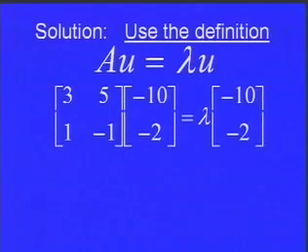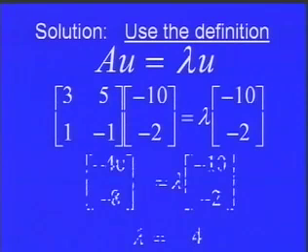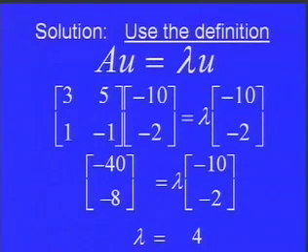On the left-hand side, if we work that out, the first row, 3, 5, times the column, negative 10, negative 2, I get negative 40. And then the second row, the 1, negative 1, times the negative 10, negative 2, I get negative 8. So I have the vector negative 40, negative 8, which is equal to lambda times negative 10, negative 2.